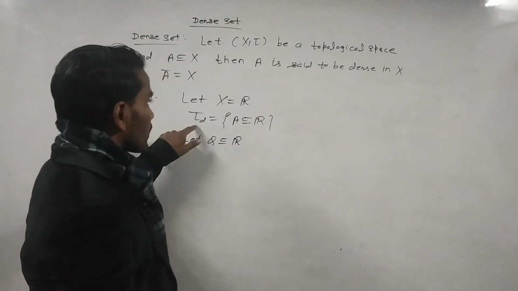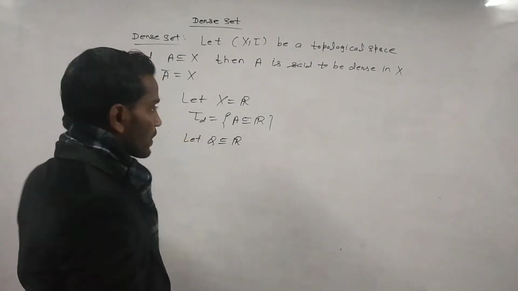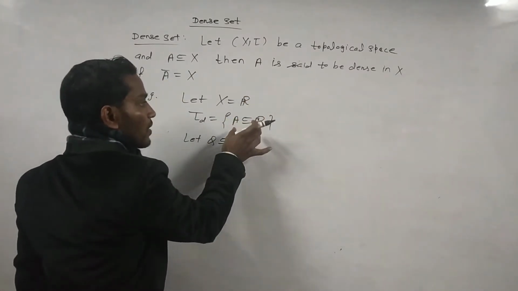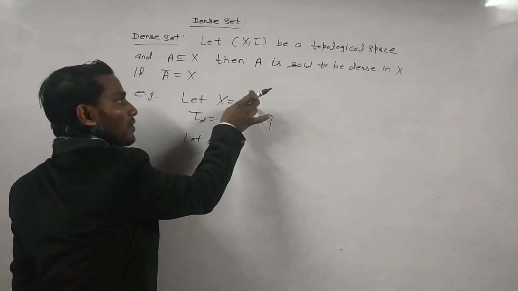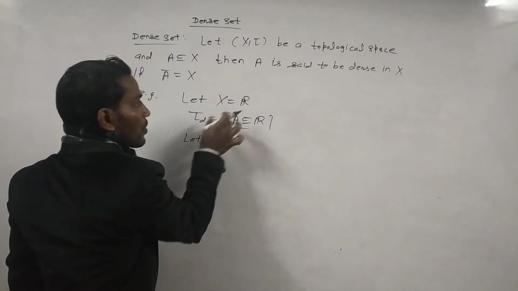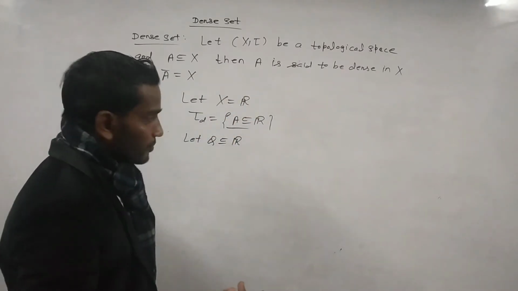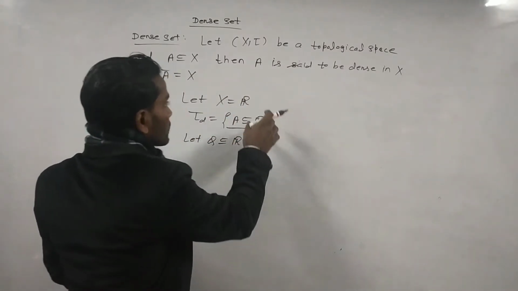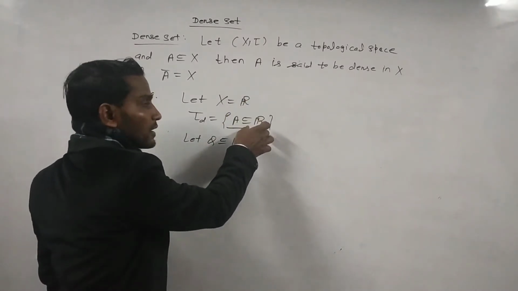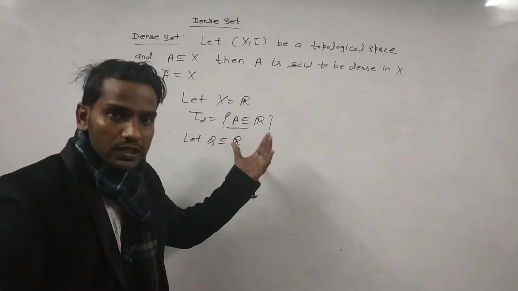Here we know every member of tau is an open subset of X, and here we discuss subsets of R. Tau_D is the discrete topology.